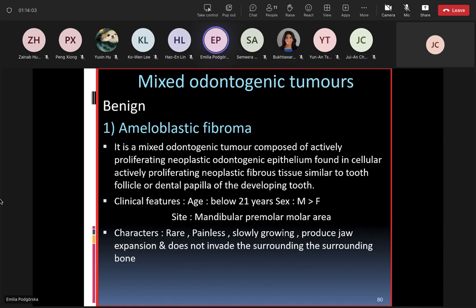Clinical features: age below 21 years, male more than female, mainly the mandibular premolar and molar area. Rare, painless, slowly growing, producing jaw expansion and does not invade the surrounding bone.